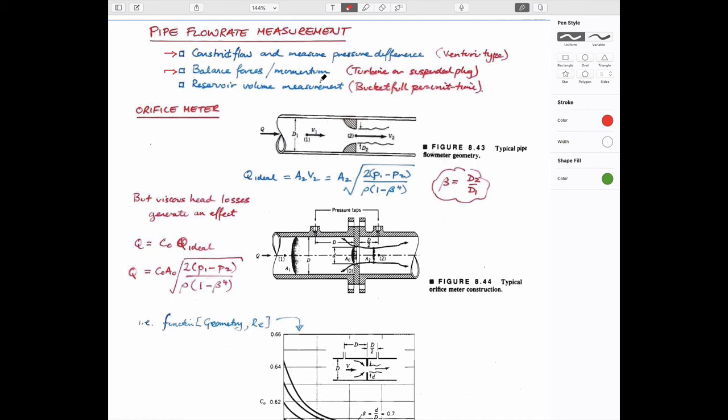Or you can pour your gasoline into a bucket and then pour it into your car. So you put 10 bucketfuls in your car, 10 gallons, and you've metered it in that way. And you can do that in more sophisticated ways. So those are the three basic ways of doing it. And so we can talk about each of them in turn.